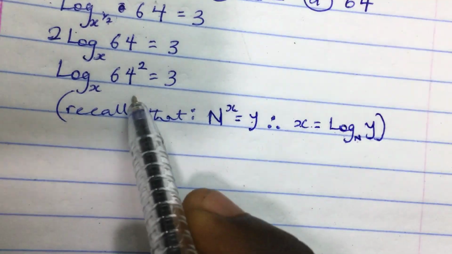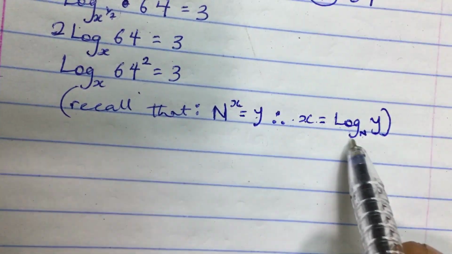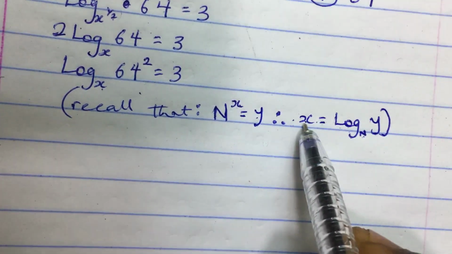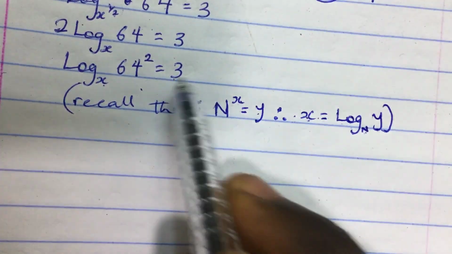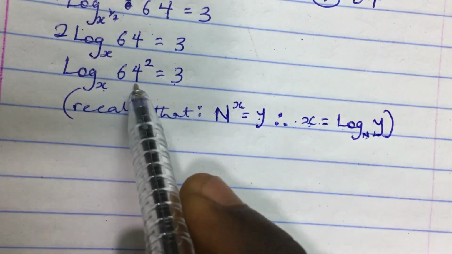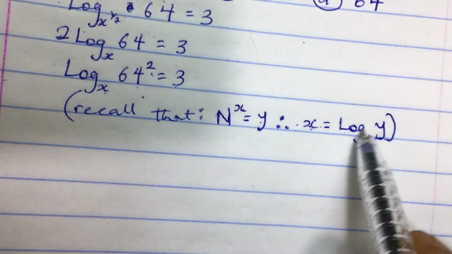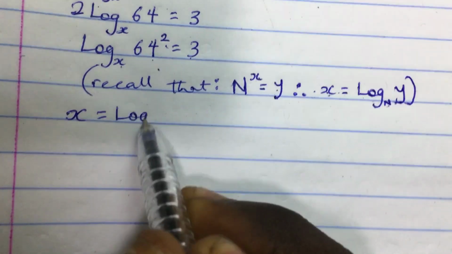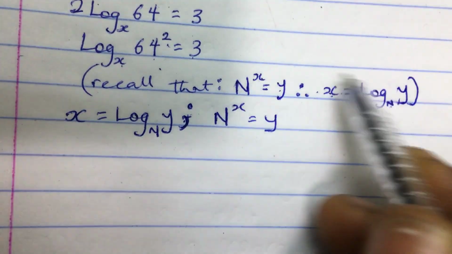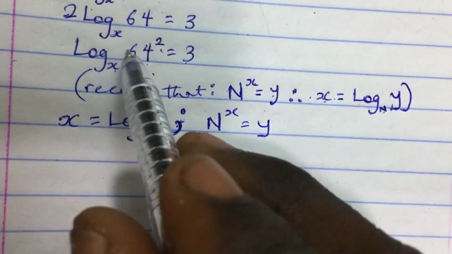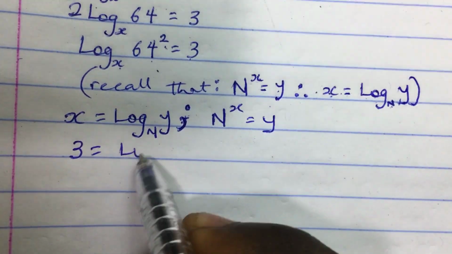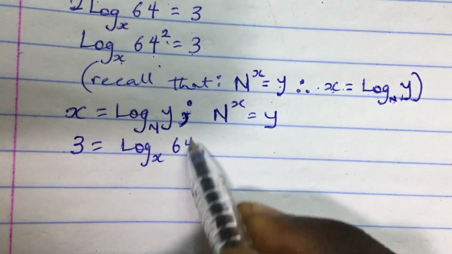If you compare it to this one, reversing it back, you can see that here our x is 3, our n is the base, and our y is 64 raised to power 2. So we can actually reverse it, so that it won't look complicated. Now it is 3 equals log base x of 64 squared.